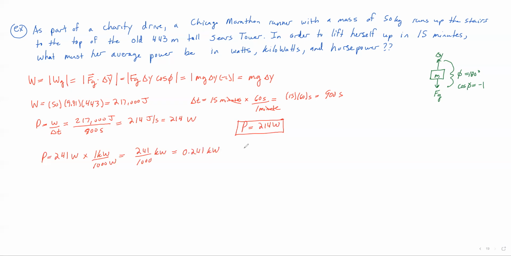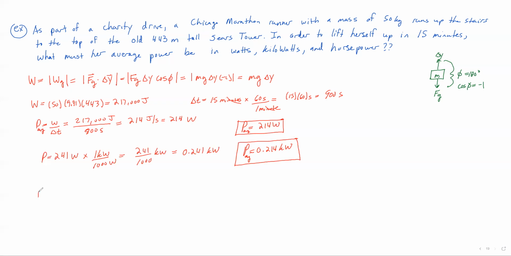So my power in kilowatts, and I should put average, I'm being sloppy. So let me do that. Average power is going to be 0.241 kilowatts. Now I understand a lot of you can probably do this in your head, and that's fine, but I like to show all the steps when I'm doing an example.